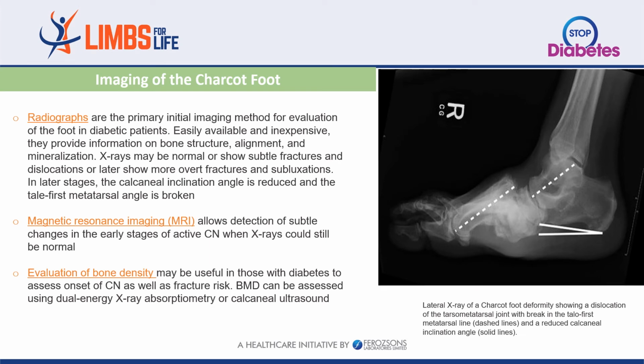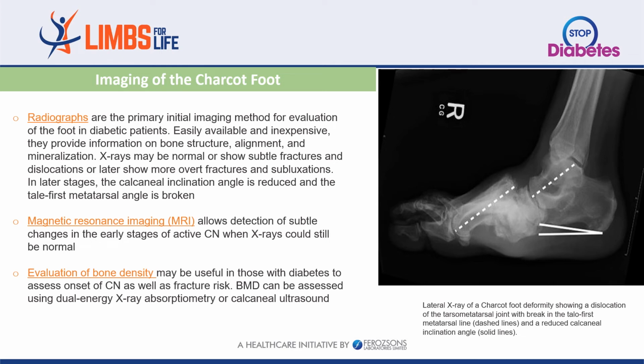The diagnosis of the Charcot foot is mainly clinical, but can be helped with imaging. First imaging is X-ray. Radiographs are the primary initial imaging method for evaluation of the foot in a diabetic patient. Easily available and inexpensive, they provide information on bone structure, alignment, and mineralization.